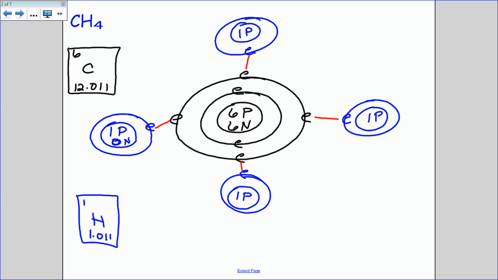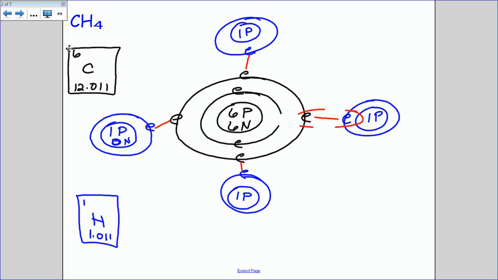I think it depends on your class. All I need is a line. And so this shows you that we have a single covalent bond, which means they're sharing one pair of electrons between each of these.